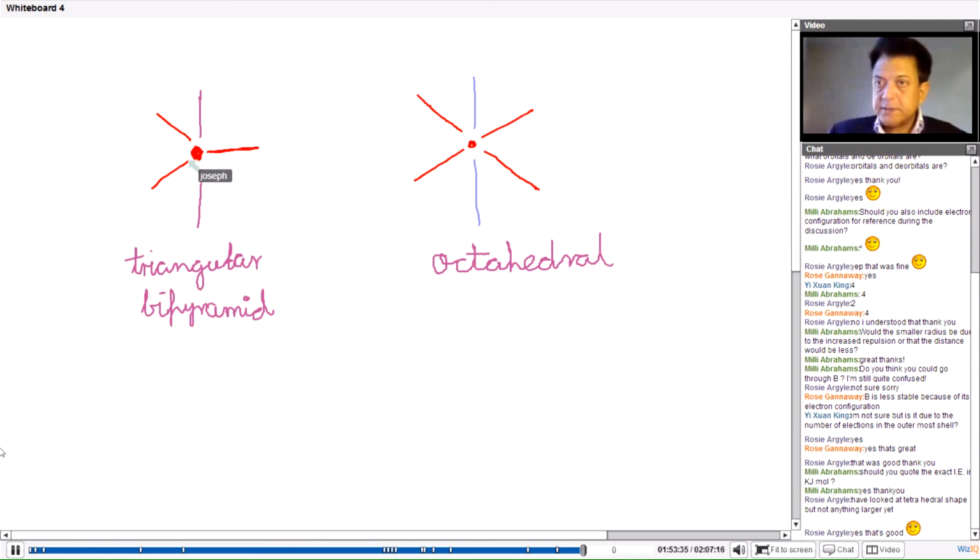We'll call that the equatorial and this one the axial. Why am I calling the red the equatorial? The reds are in the plane of the paper, so we call that equatorial. Those red bonds are the equatorial bonds, meaning they are in the plane of the paper. These purple ones are axial, perpendicular to the paper.